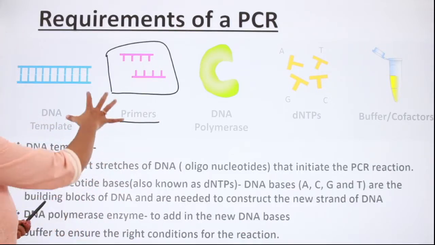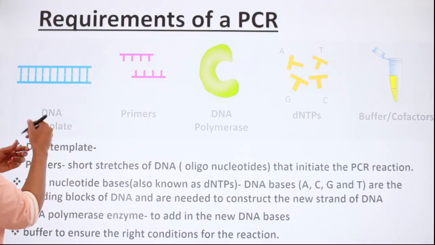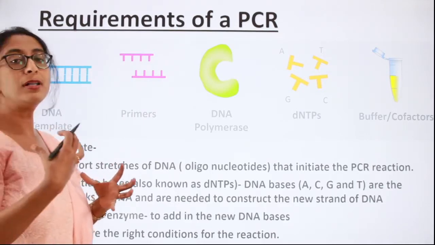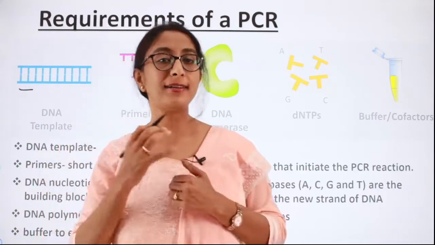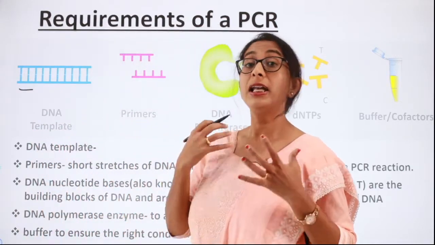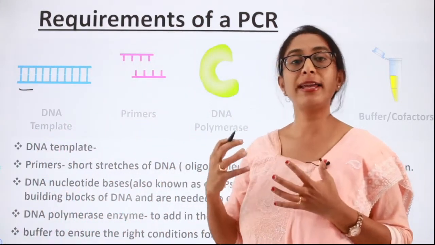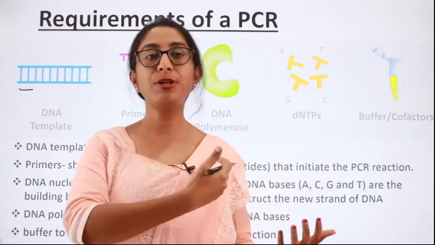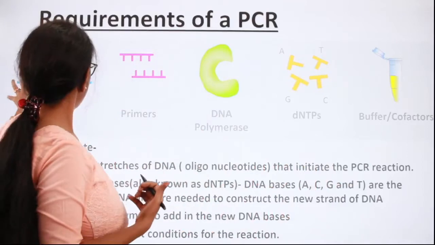These primers will bind to the template DNA, and it will enable the DNA polymerase to start the reaction, because DNA polymerase cannot start the reaction without the primer. Got it? Next I will show pictures where you will be able to understand.